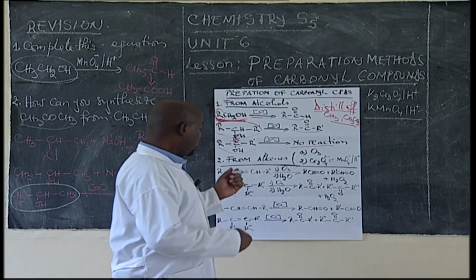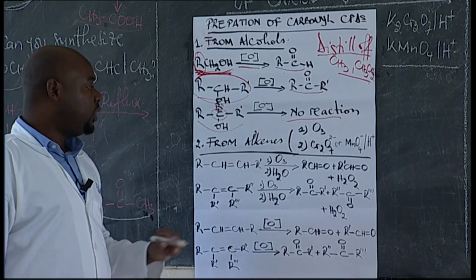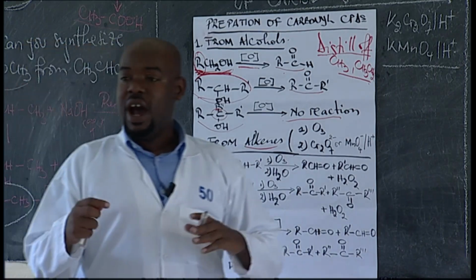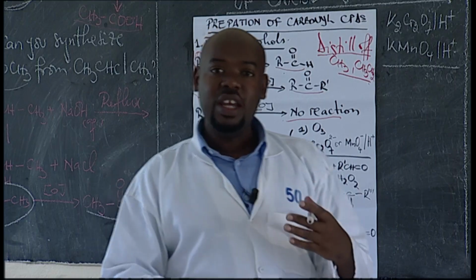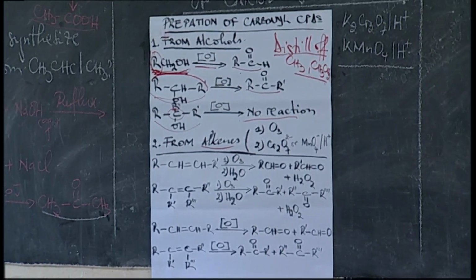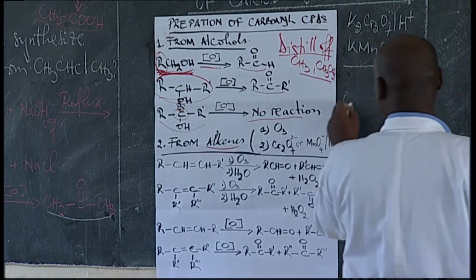We can also prepare carbonyl compounds from alkenes. You remember the class of alkenes? The alkenes are those containing a double bond, a carbon-carbon double bond. So we can use a reaction which is called ozonolysis.